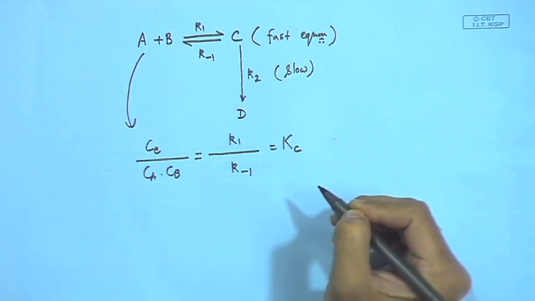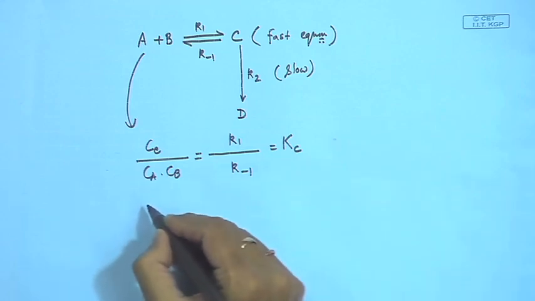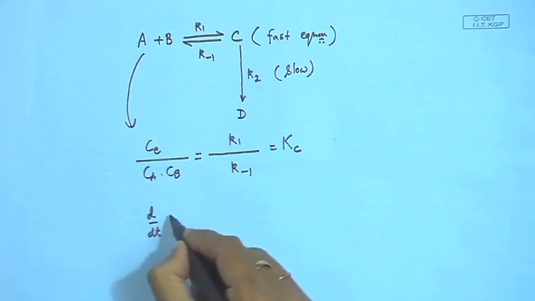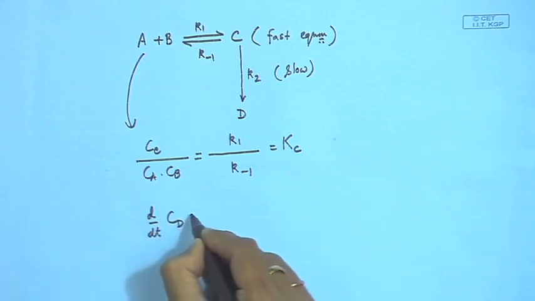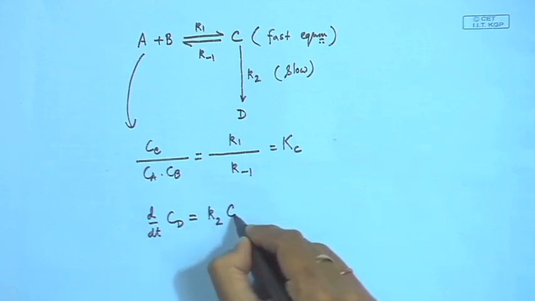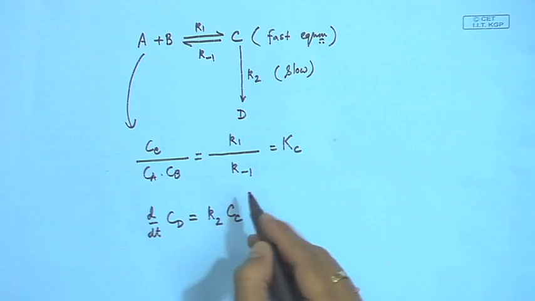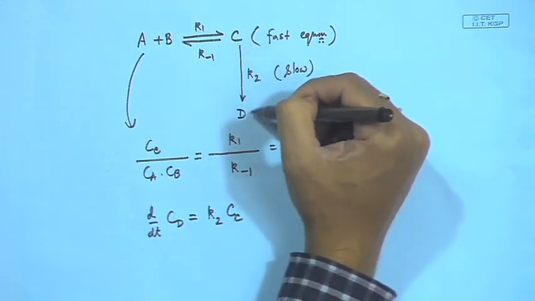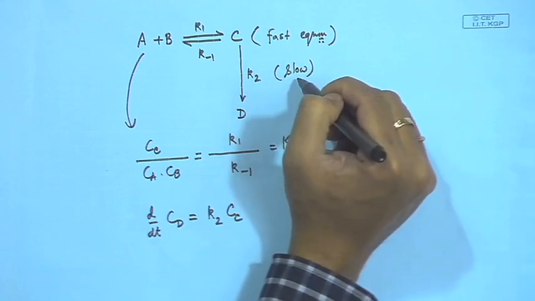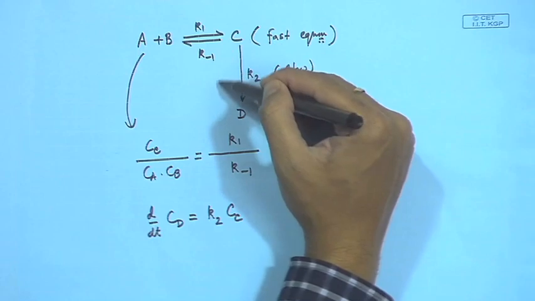So, the rate of formation of your product, d[D]/dt, will be k2 times [C]. Why k2 times [C]? Because in this particular elementary step, this product is formed with the slowest rate. That means this is the rate determining step.